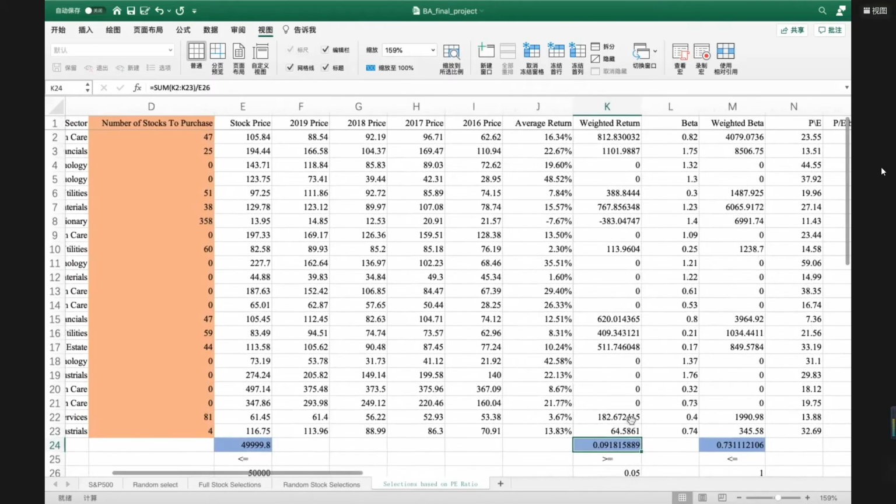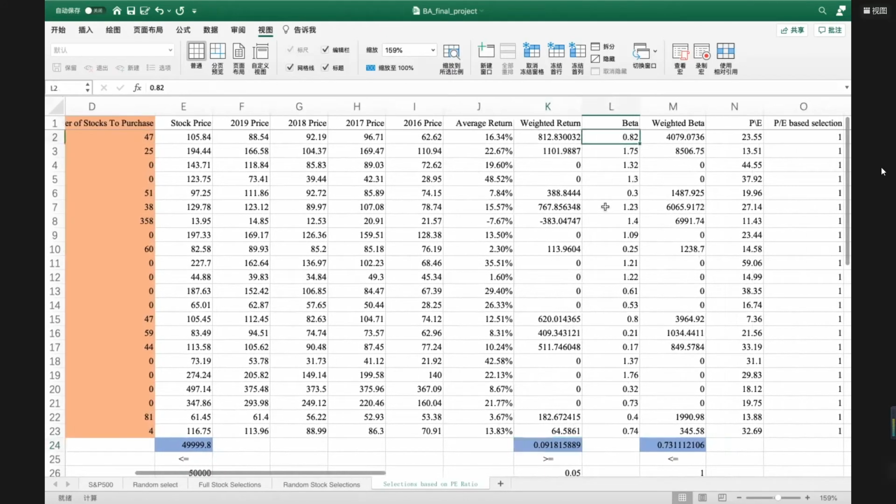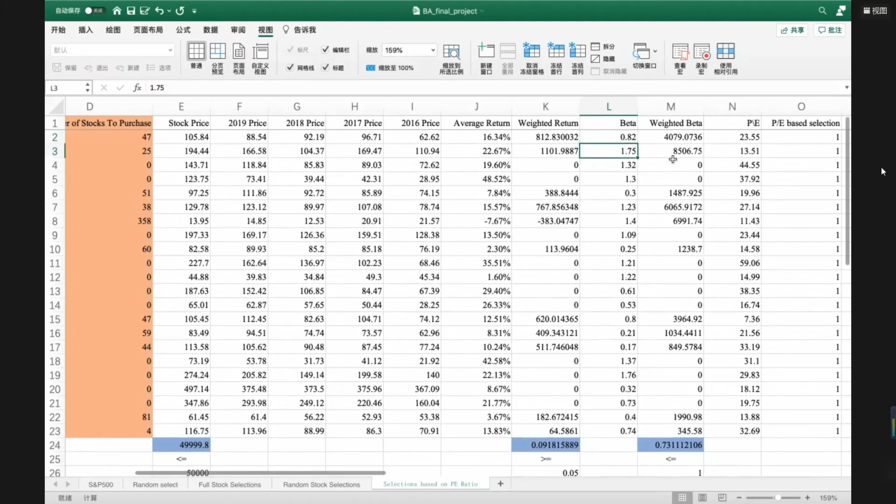And for the beta, which is an indicator for the volatility, we searched online for the beta for each individual stock. How we calculate the weighted beta is basically also using the number of stocks to purchase and the stock price and the beta it has.